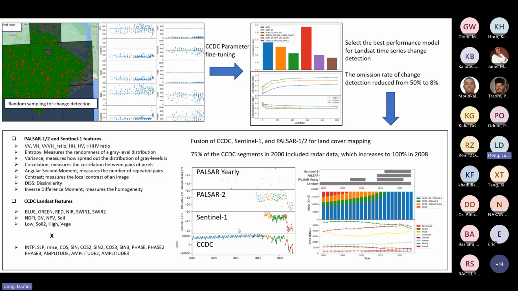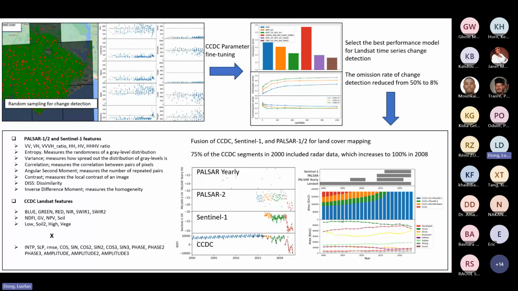Then we can combine multiple radar data with all the segments we have. We use PALSAR because PALSAR-1 goes back to 2007. With PALSAR data available, 75% of the CCDC segments in 2000 have at least one kind of radar data.